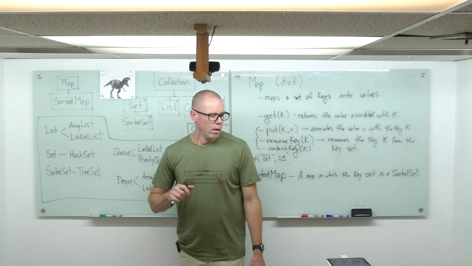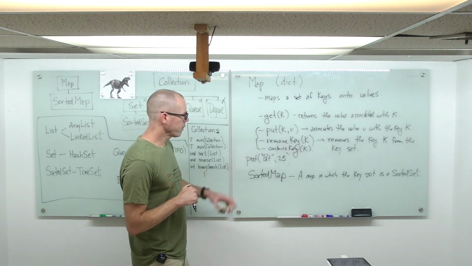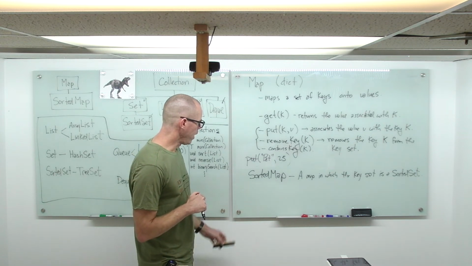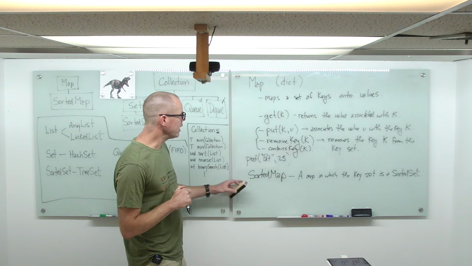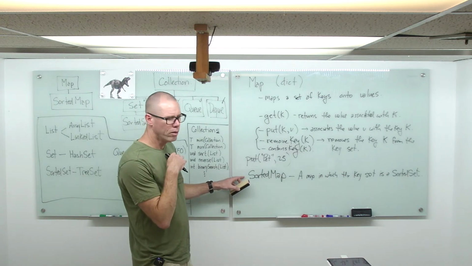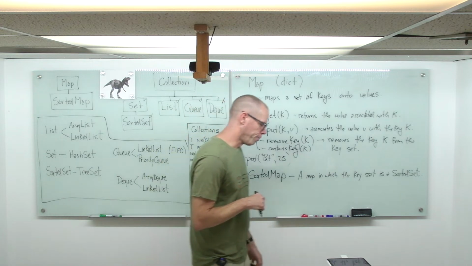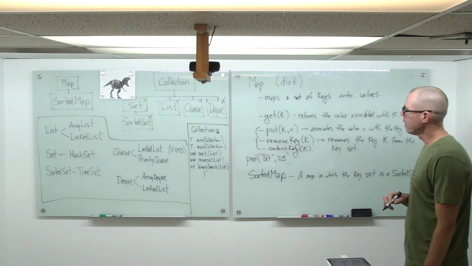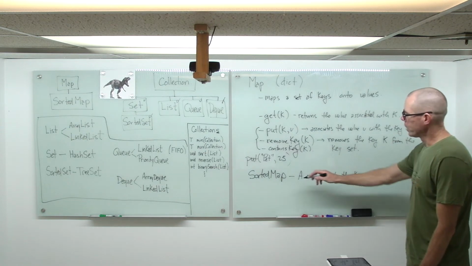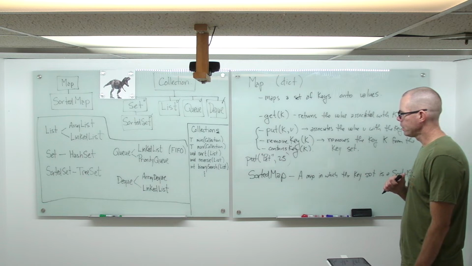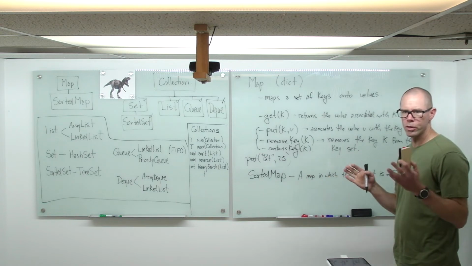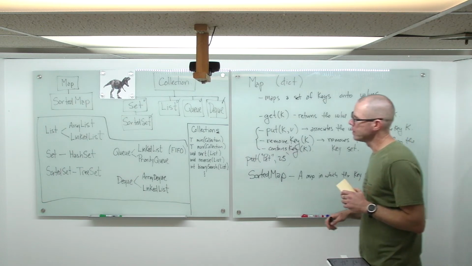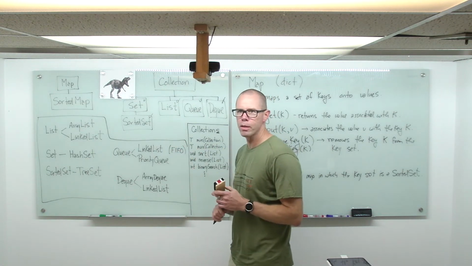So it supports all the same things, but now if I iterate over the keys of a sorted map, they will come out in sorted order. And the key set, which you can access in a map, is a sorted set, which means you can do range searches and things on the keys. So it's exactly analogous to the relationship between set and sorted set.